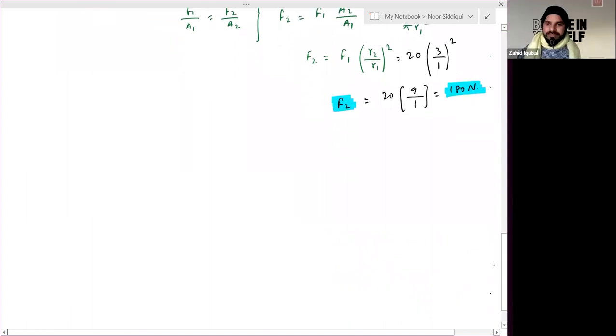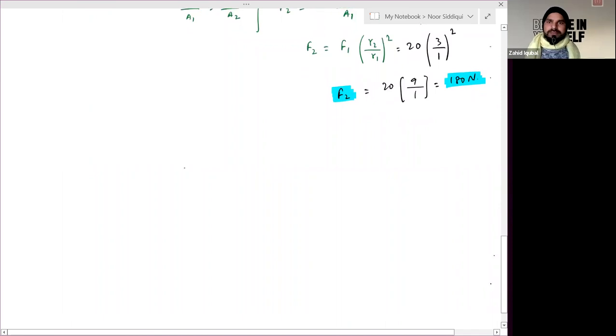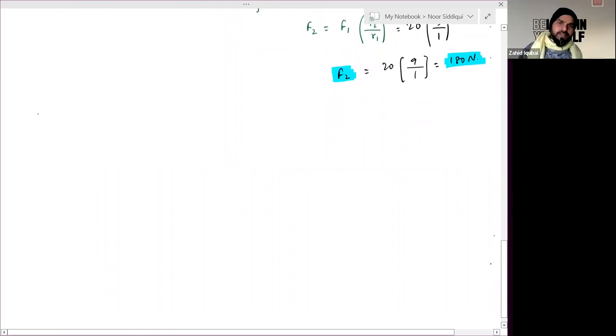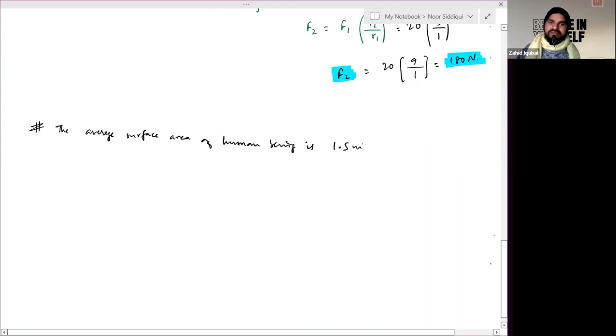Now let me define you some theoretical question related to this part. There will be a question. The average surface area of a human being is 1.5 meters square.